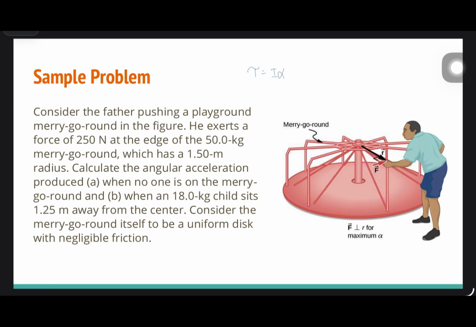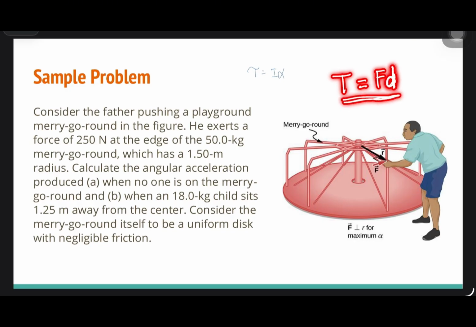So here is the illustration. Yung force applied is at the edge of the merry-go-round, and the distance or the lever arm from the axis of rotation is equal to the radius given, 1.5 meters. So we know that the torque is also equal to force times d. So, ito po magagamit natin.